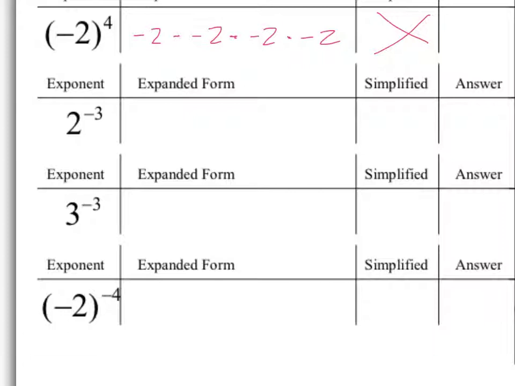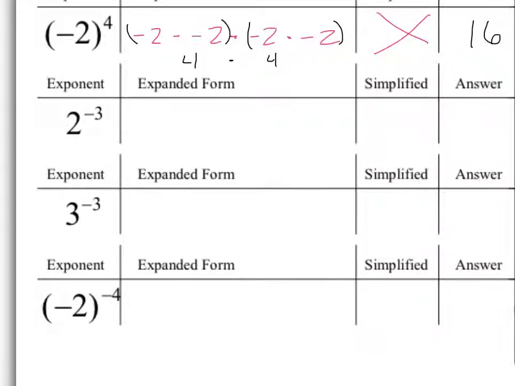Most of you will choose to use the associative property and say, well, negative 2 times negative 2 is 4, and negative 2 times negative 2 is 4. So 4 times 4 is going to give me positive 16. You have to be very careful with those good dates and bad dates.